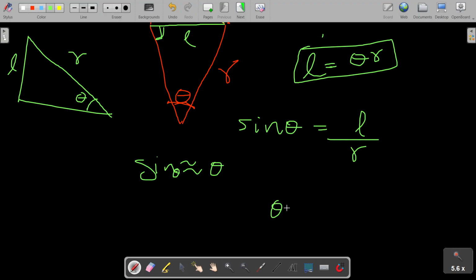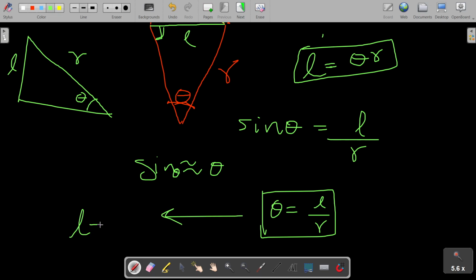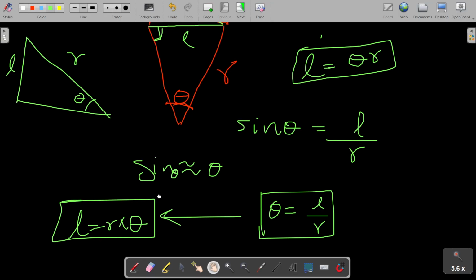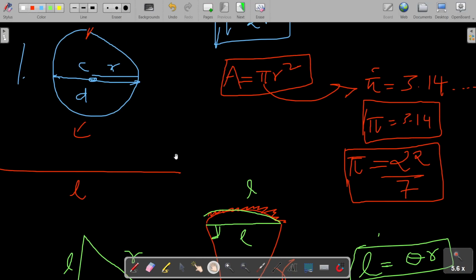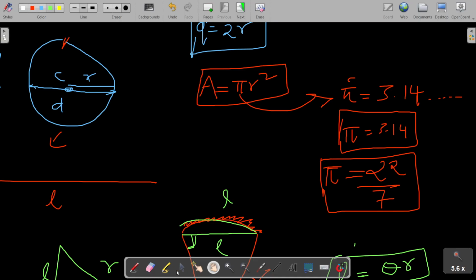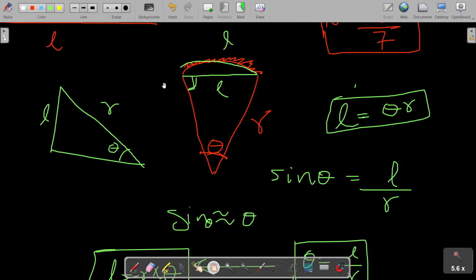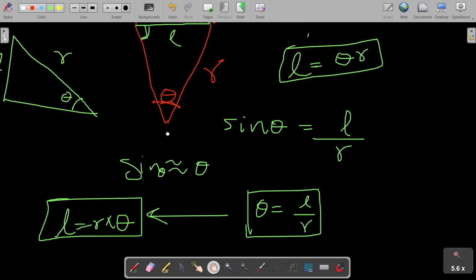So here we get theta as length upon radius. If we multiply both sides by radius, we get length is equal to radius times the angle. Remember, the angle is in radians. It is a term, radians. I'm going to talk about it later. So just remember this: the length is radius times the angle theta.